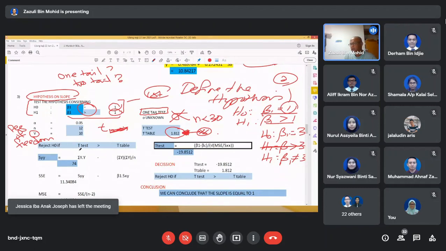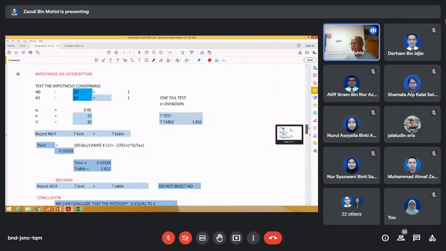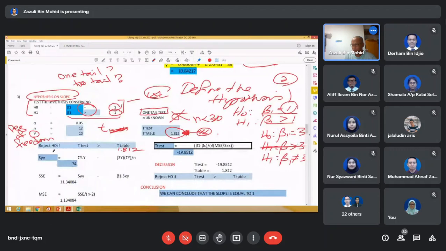Now the t-test, we have to calculate it. We already have the t-table, which is 1.812. So to calculate the t-test, we got to know the value of MSE. Before we can calculate the MSE, we have to calculate the SSE.